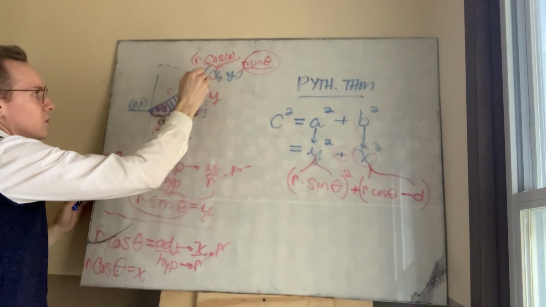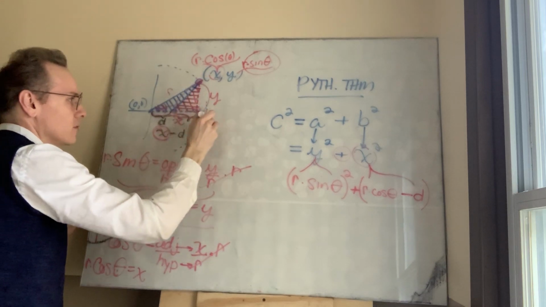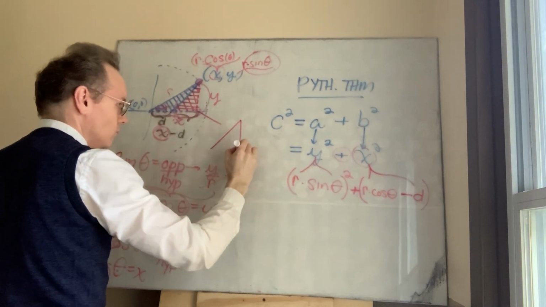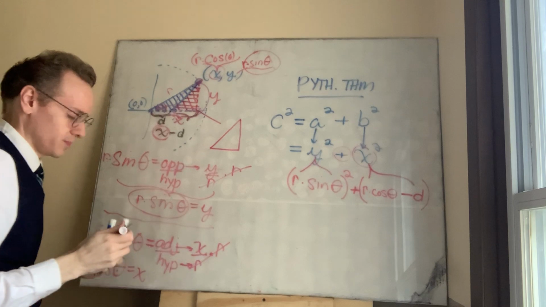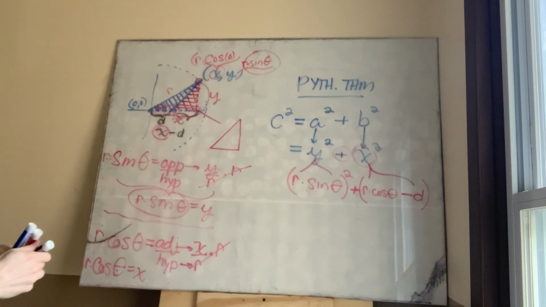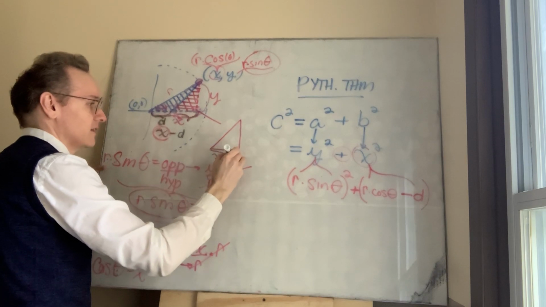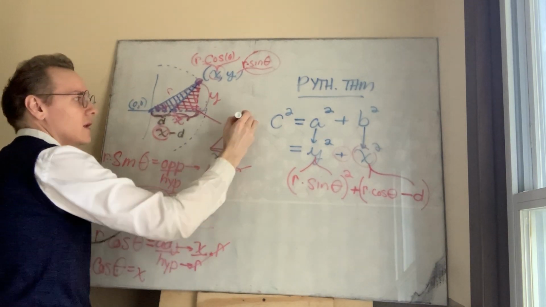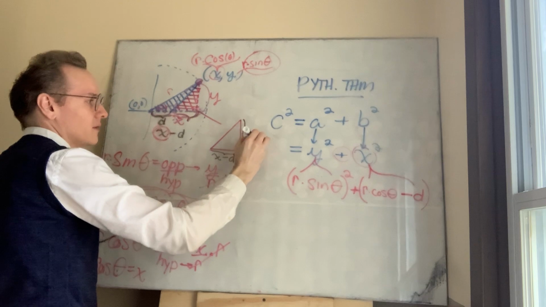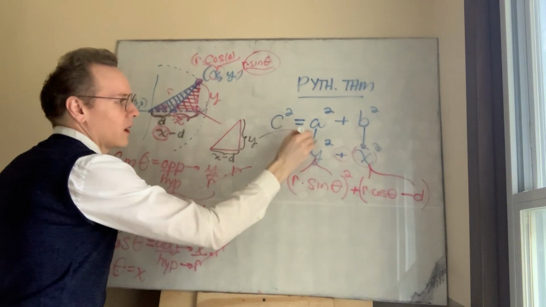So I'm going to take this out of here for a moment and just draw it next to it with its respective dimensions to make it a little more obvious. This is now temporarily X minus D. This is still Y. What is Y?